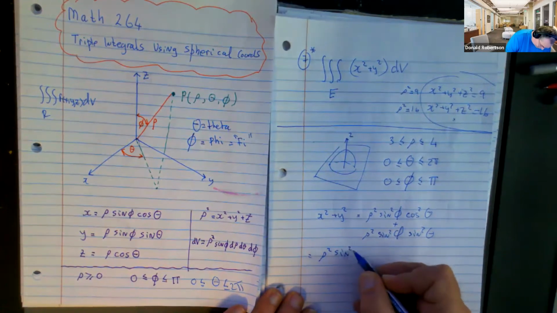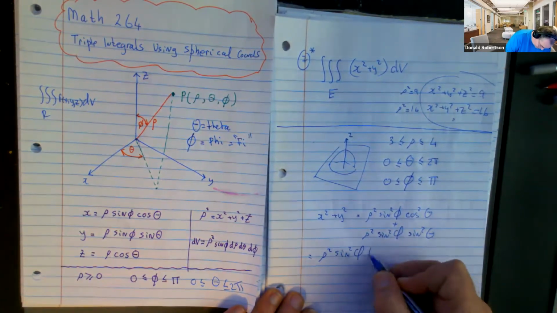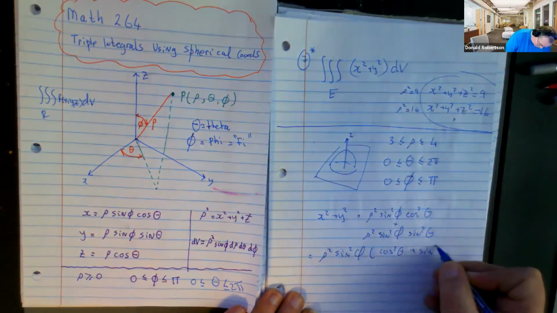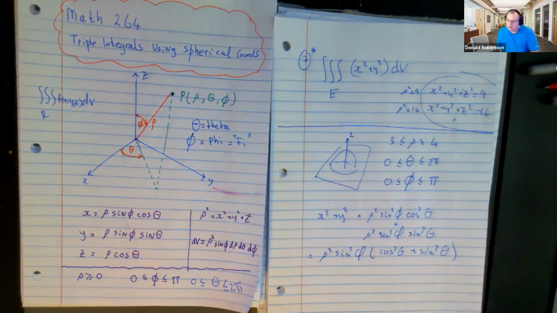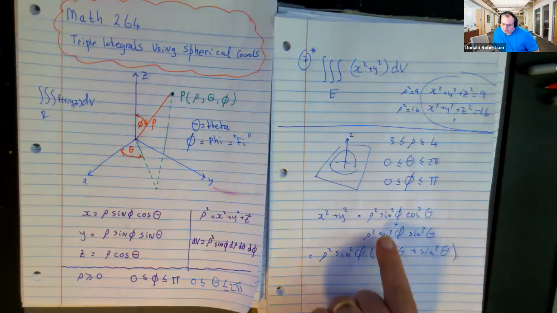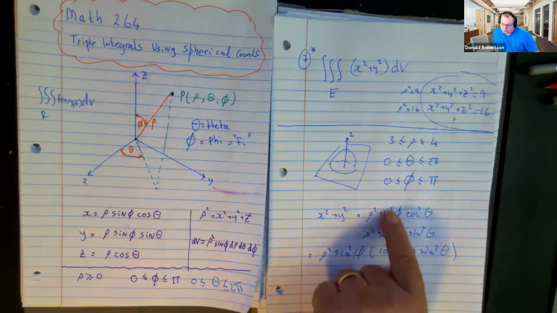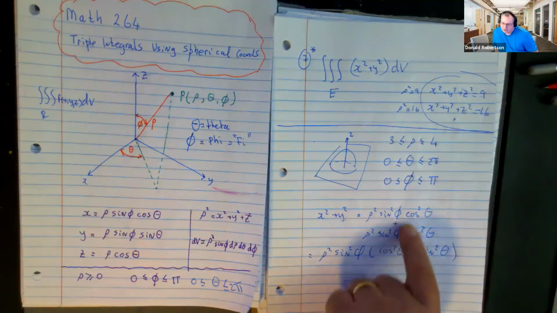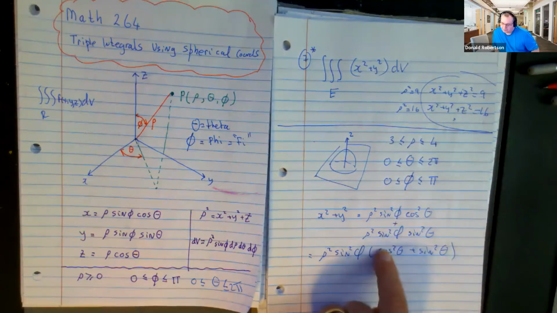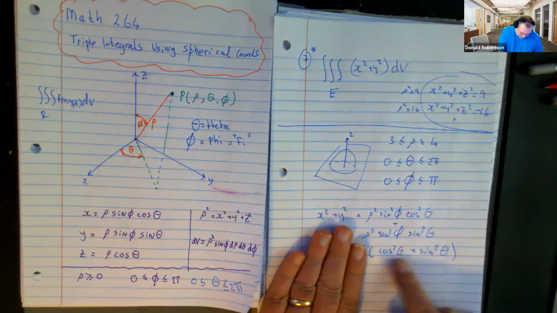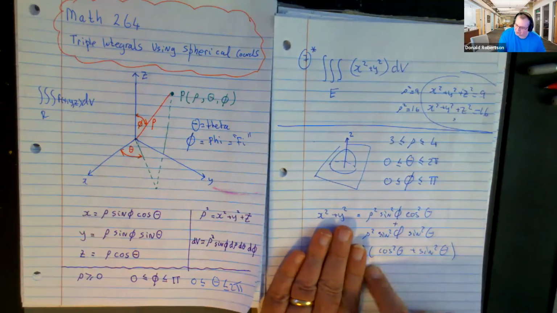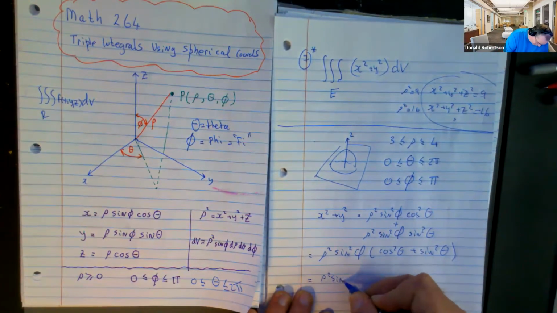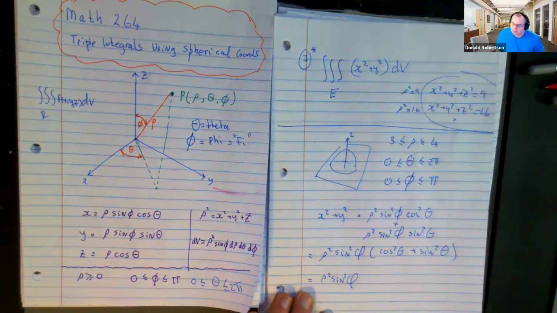You can also pull out a sine squared of phi, and that leaves you with cos squared theta plus sine squared theta. You agree? Pull out a common factor of rho squared, common factor of sine squared phi, and these guys. And hopefully you say, hey, that's 1. And so x squared plus y squared becomes that guy.